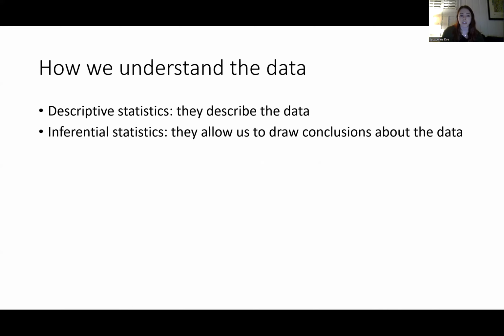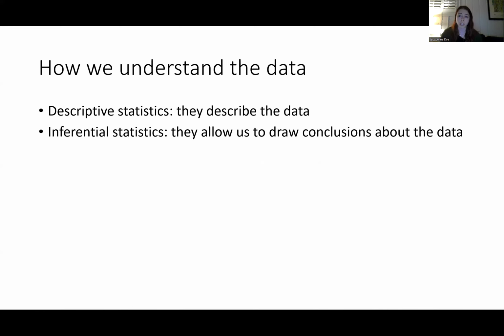So there's two different kinds of statistics that we use. The first is descriptive statistics, which is statistics that just describe the data. So they lay out all of the information that you have and provide information about the quality of the data that you have, what it looks like, etc. We'll get into that. And then there's inferential statistics.